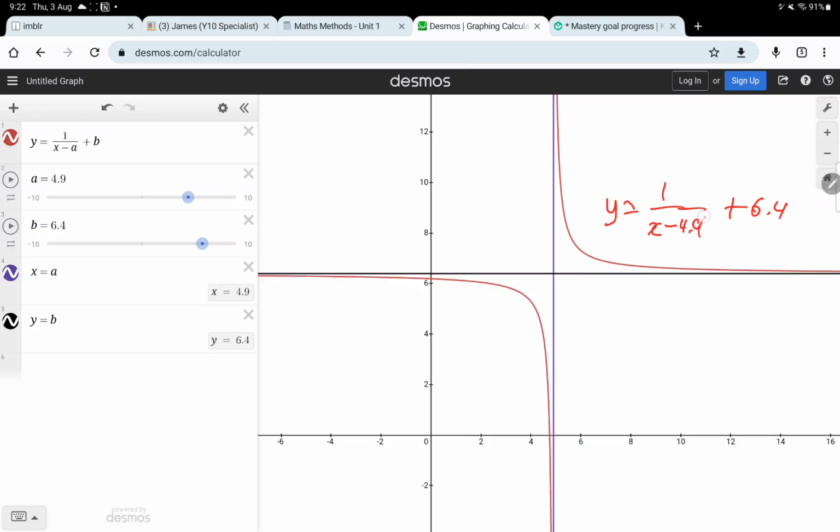Looking at this, I can tell that it is shifted 4.9, but negative. When you're minusing, you're shifting to the right. So 4.9 to the right and 6.4 up. Originally the center was here, so shift 4.9 to the right and then 6.4 up. That's how you can deal with the vertical and horizontal translation of rectangular hyperbolas.